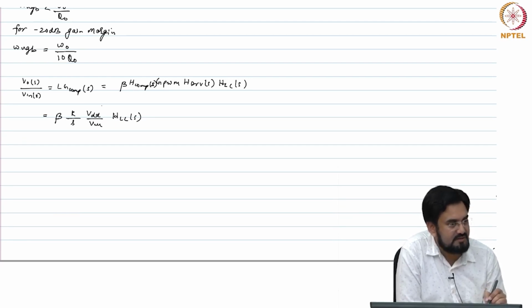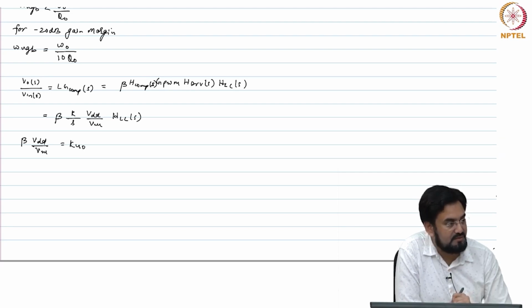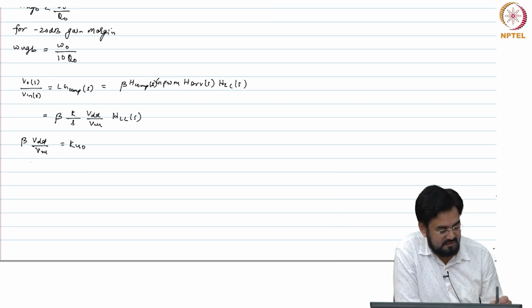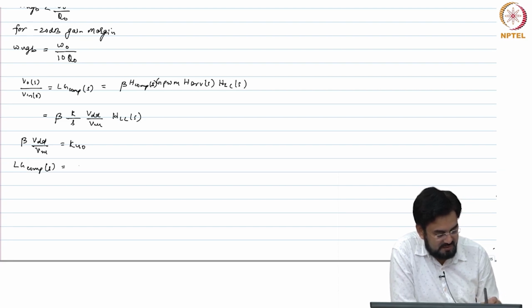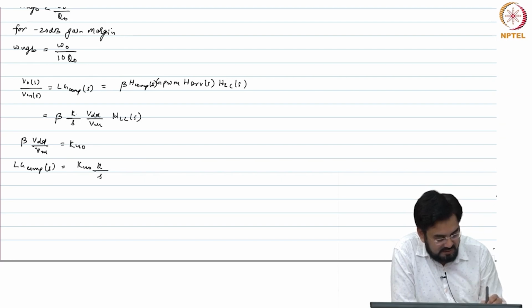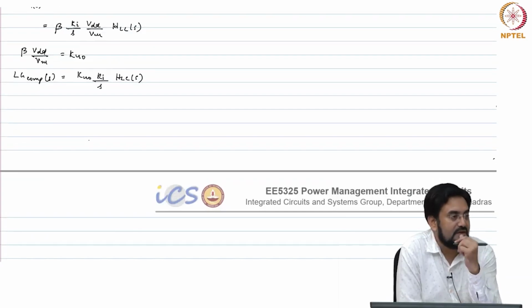So what is your gain from here? If I call beta VDD over VM, let's say, KU0, then your LG becomes KU0 K over S. Let's call it KI. KI means the gain of your integrator.